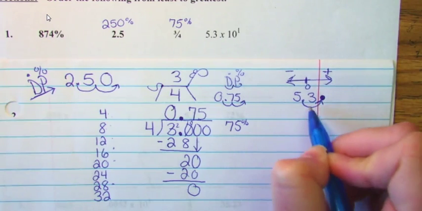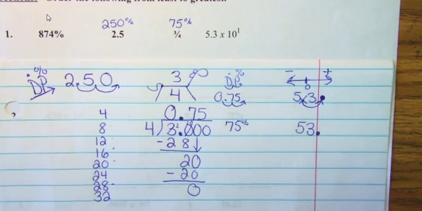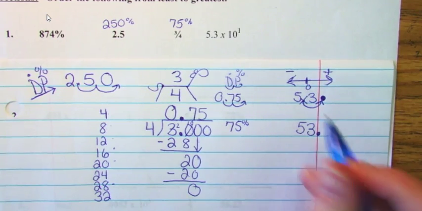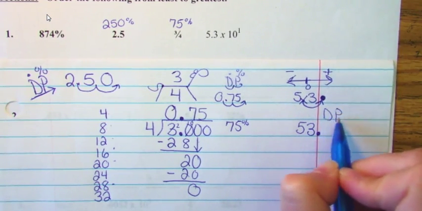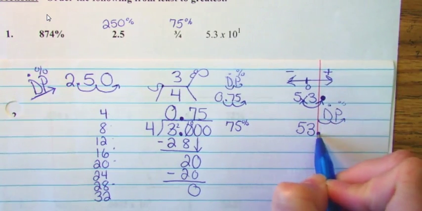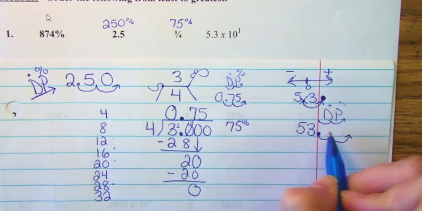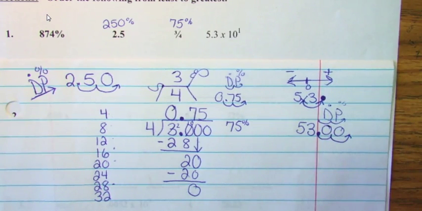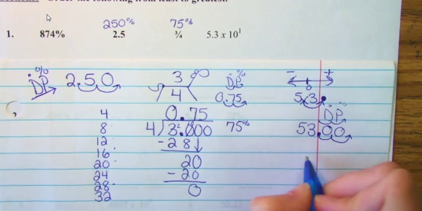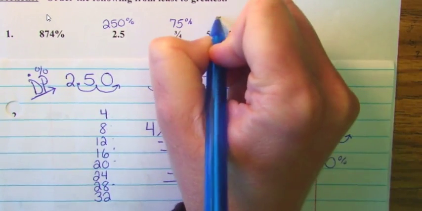It means my new decimal's here, not there. So I have 53 with a decimal. Now that's all fine and dandy, but that's still not in a percent. So I have a number with a decimal, so now I have to follow my DP rules. Move that decimal 2 spots to the right. 1, 2. And we're left with 5,300%.